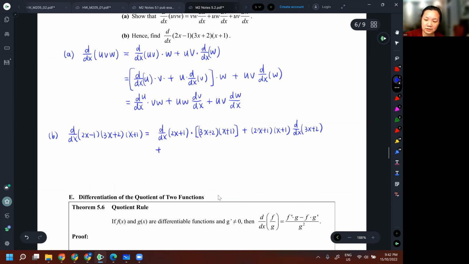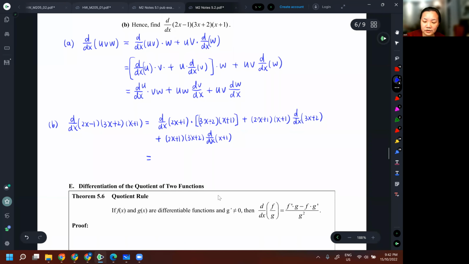And plus, you copy the first one, copy the second one, d/dx the last one. Okay. Now for the first one, it's 2x, derivative is 1x, 0, that's 1.